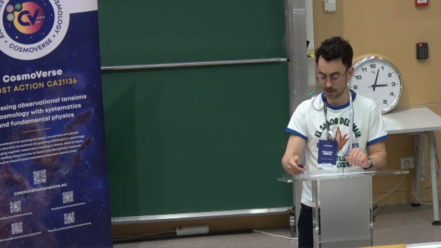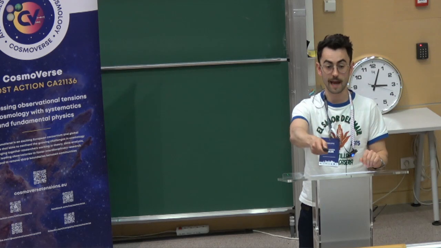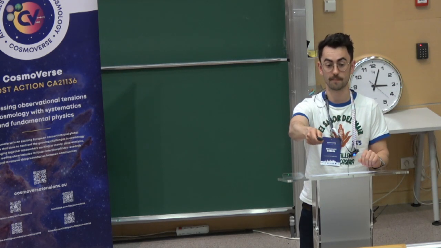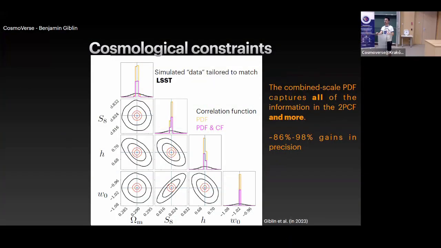So this is actually going to improve significantly if we perform this analysis again, but with simulations tailored to match a stage 4 survey like LSST. We see this huge improvement when now the PDF is much more constraining than the correlation function.